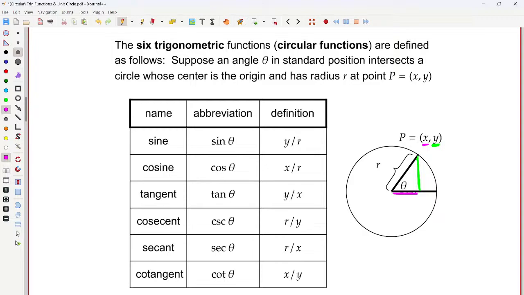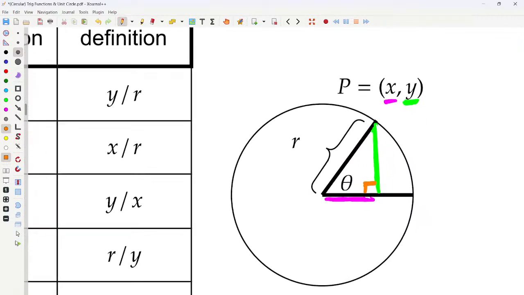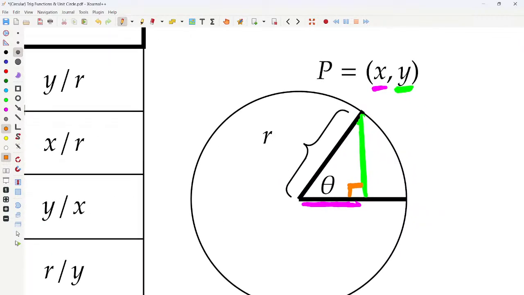So in this actually right triangle, if you've heard of right triangle trig, that's where it comes from. We'll do this next class, but just foreshadowing for a minute here.